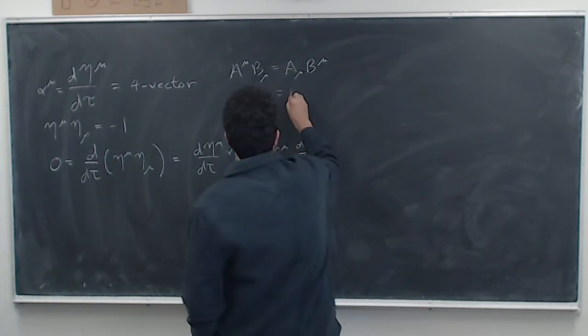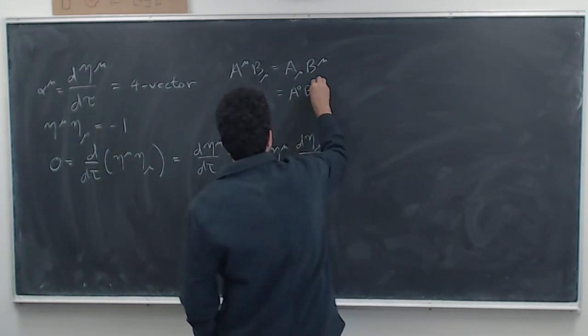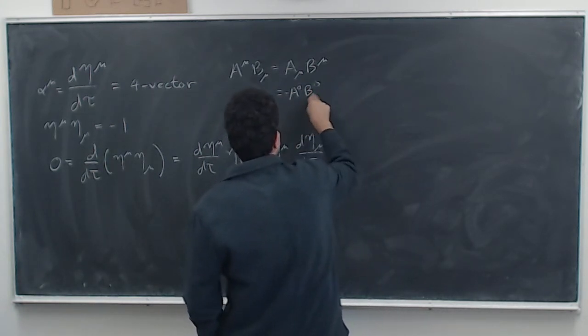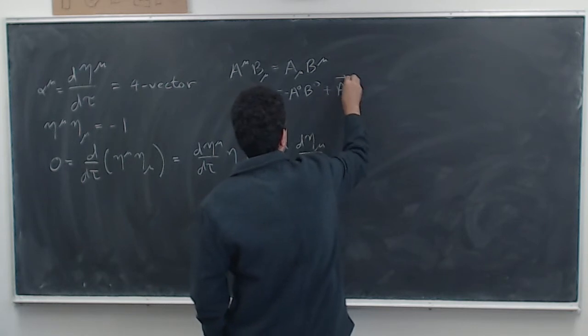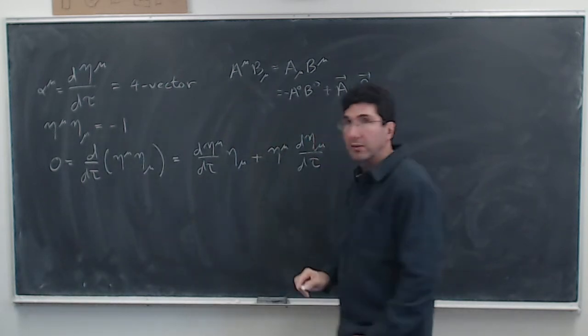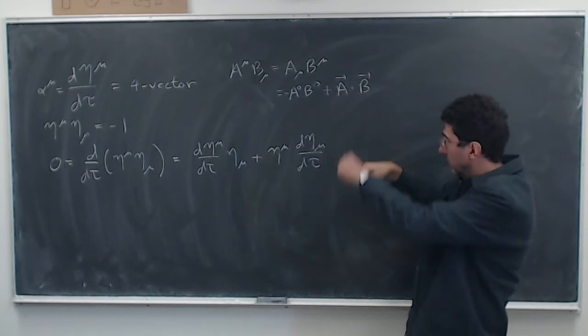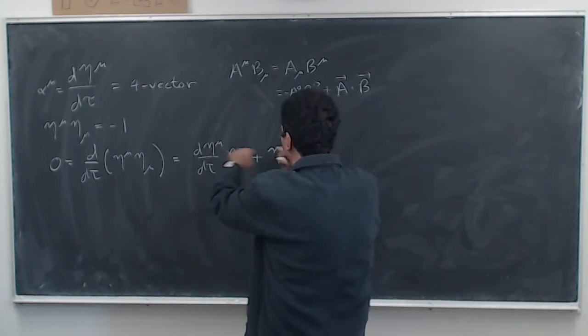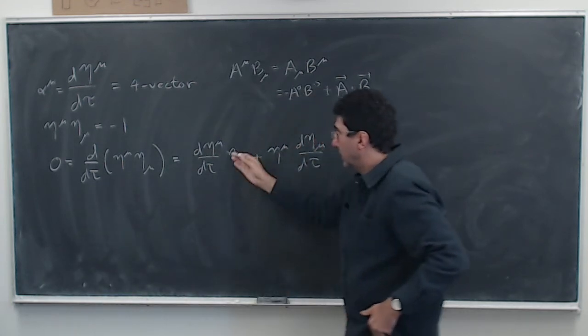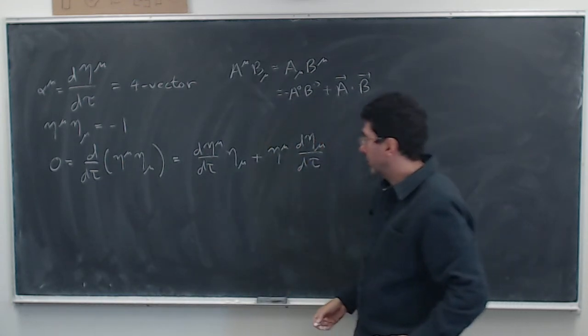So for both of these, this is equal to minus A0 B0 plus A vector dot B vector, right? So it doesn't matter whether we raise and lower the indices. And so these two terms are actually equal to each other. Since the sum of them is 0, each one is 0.